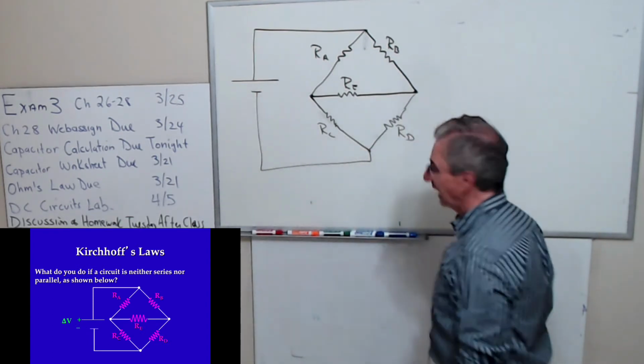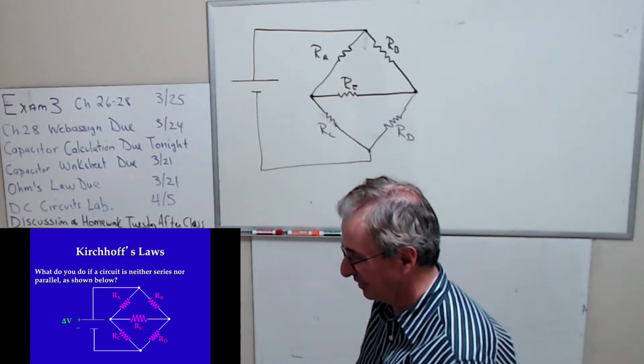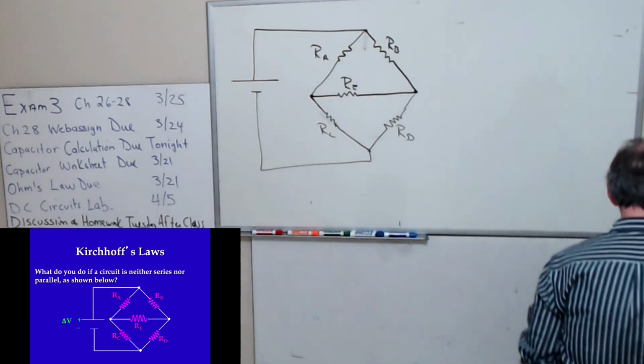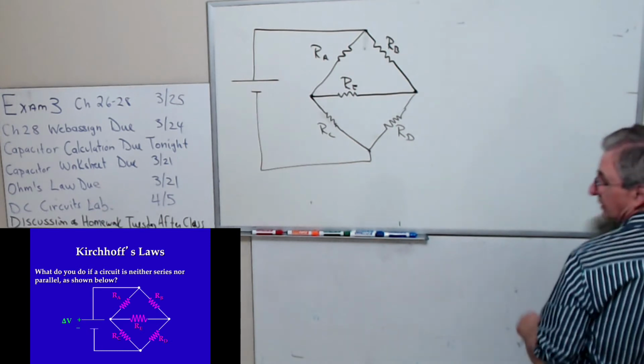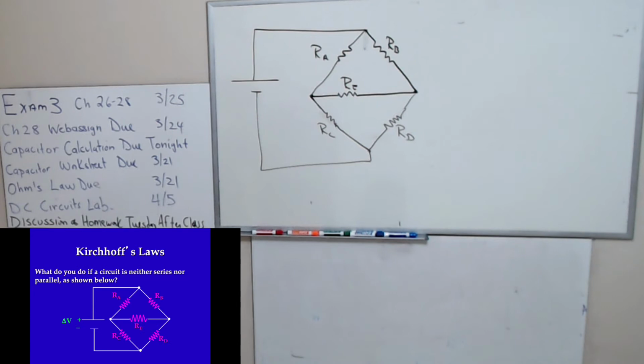All right. I want to find the current through all of those. Okay. So what ideas do I? Oh, I didn't even show the picture today. Oh no, we're okay.